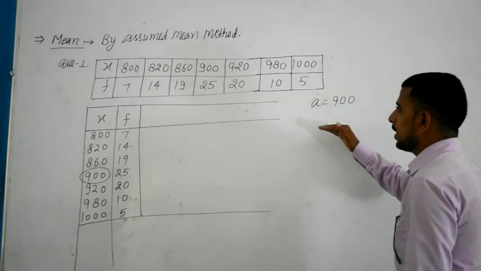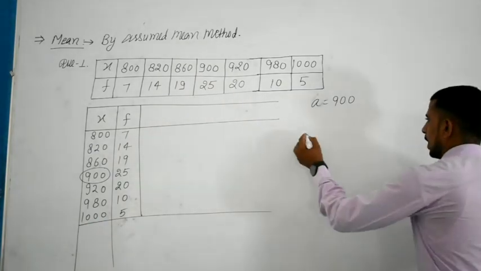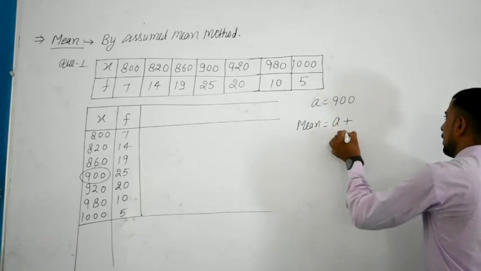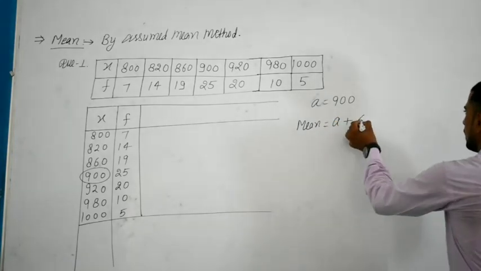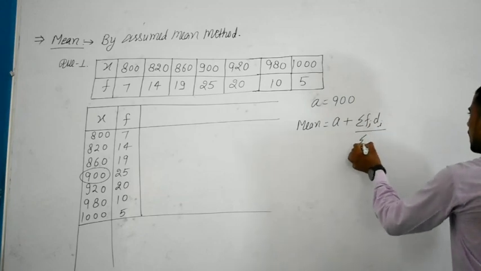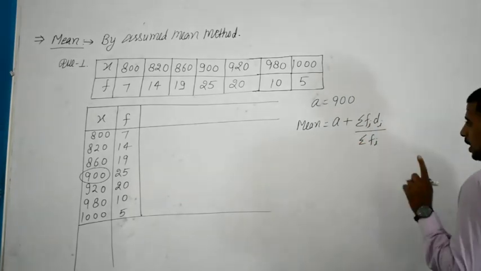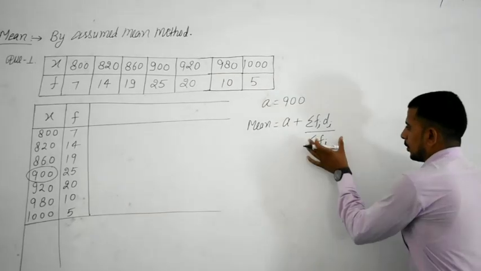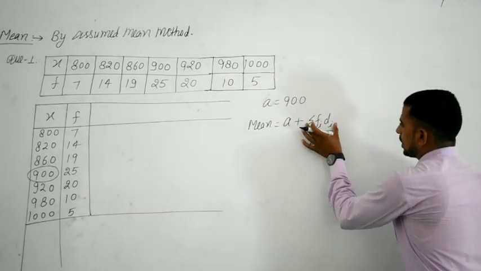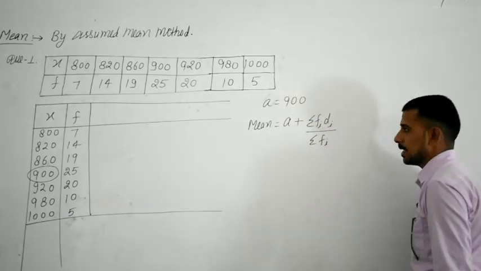In the assumed mean method, the formula of mean is equal to A plus summation fi di upon summation fi. Listen carefully: this upon is only between summation fi di and summation fi.